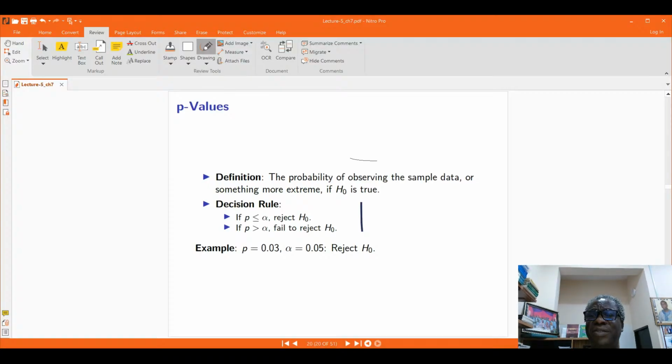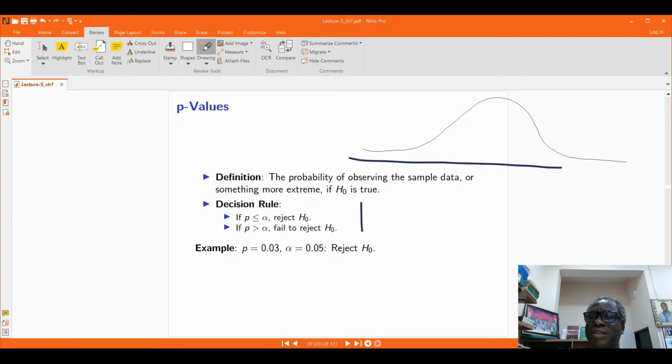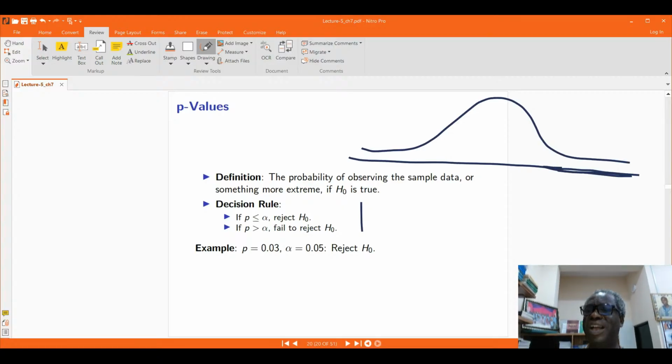We've talked about the normal distribution. So if you have data, this is usually the point where the observations are mostly concentrated.